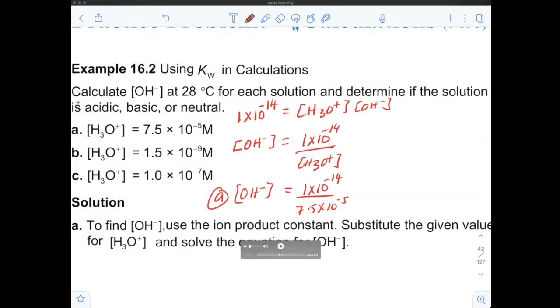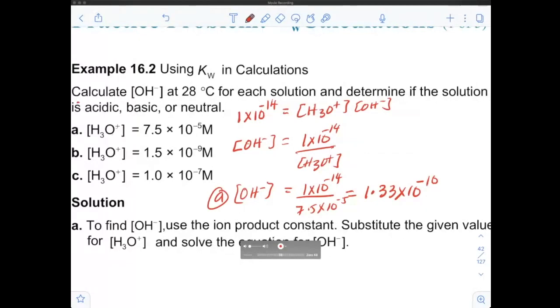Let me put that in the calculator: open parentheses 1 exponent negative 14 divided by 7.5 exponent negative 5. I'm missing a parenthesis here, so let me insert that. Okay, that works. So I end up getting 1.33 times 10 power negative 10.